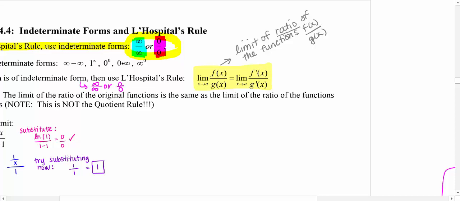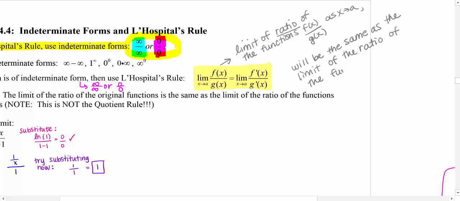The limit of the ratio of those functions as x approaches a will be the same as the limit of the ratio of the functions' derivatives. And that's where we got f prime over g prime as x approaches a.